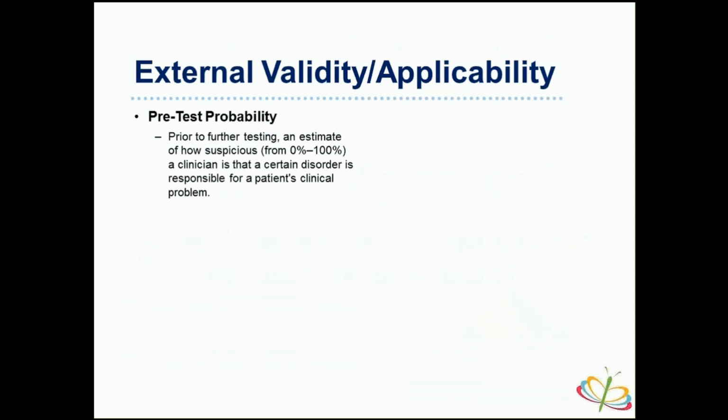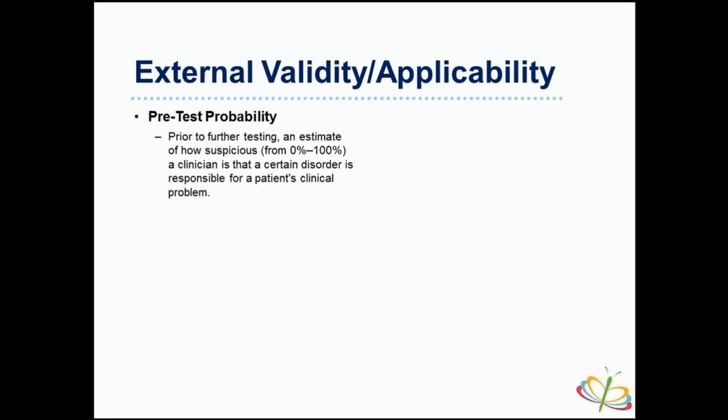Pretest probability. Again, it's often used synonymously with prevalence, but it is not the exact same thing. Pretest probability looks at a more individual level: how suspicious is the clinician that a certain patient has a disorder. So it could potentially be higher than the prevalence if other factors come into play for that particular patient.